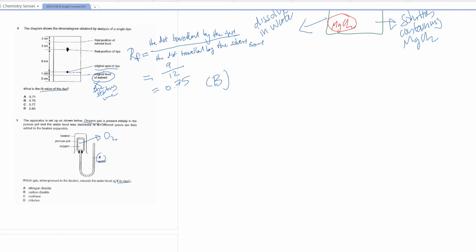In order for us to find the correct answer, we need to calculate the molecular weight of these 4 gases. Once we have calculated their molecular weight, we realize that methane is the lightest of them all. So the correct answer is methane.